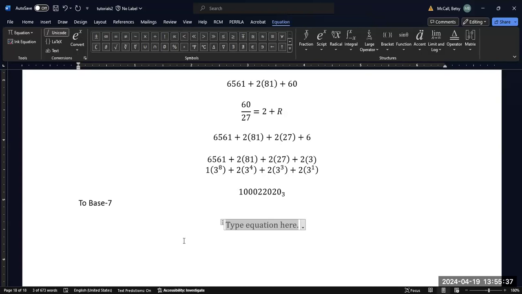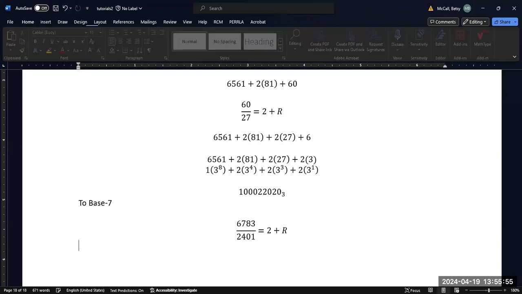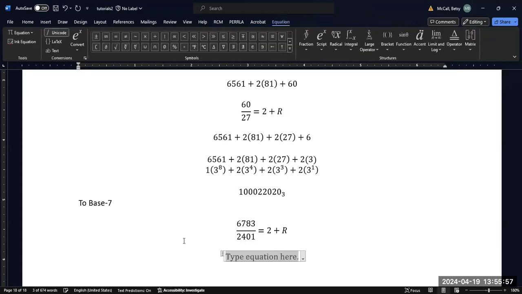So we're going to divide 6783 by 2401, and that's going to give me 2 and change. So my next breakdown is 2 times 2401 plus 6783 minus 2 times 2401, which is going to give me 1981.